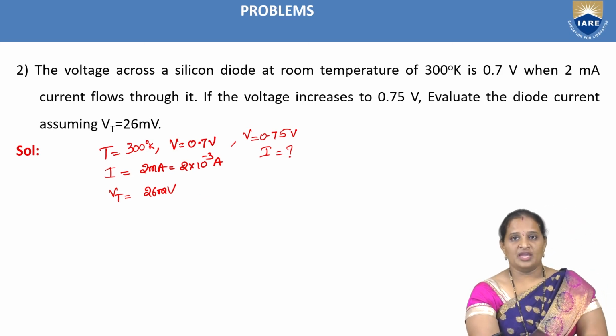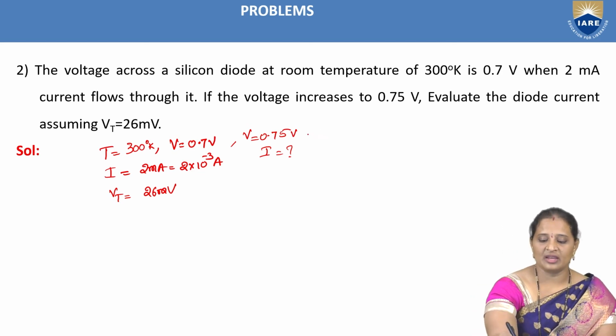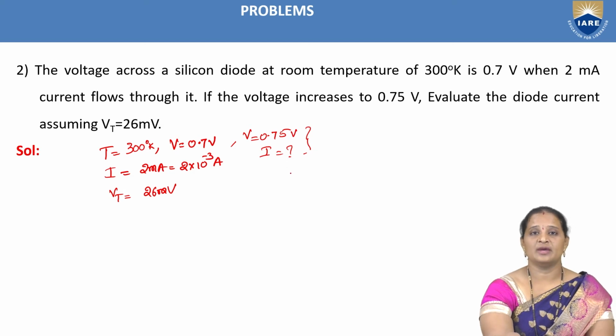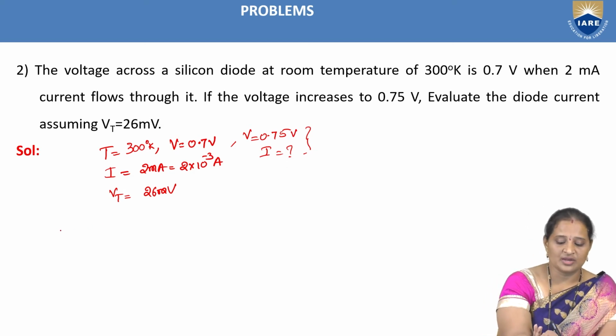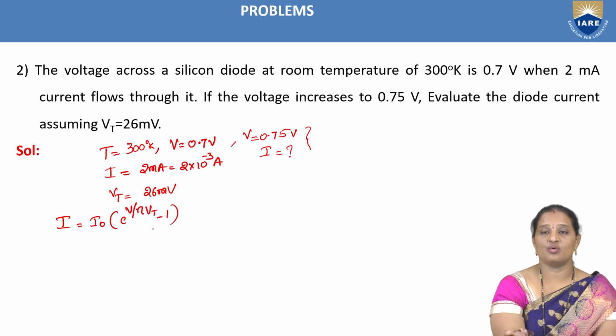Now he didn't mention the reverse saturation current. In order to calculate the current at this particular voltage, we should know the reverse saturation current, because we already know the equation for current is I is equal to I naught into e power V by eta Vt minus 1.